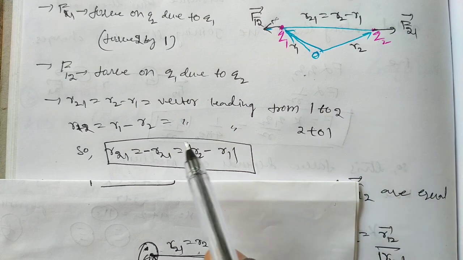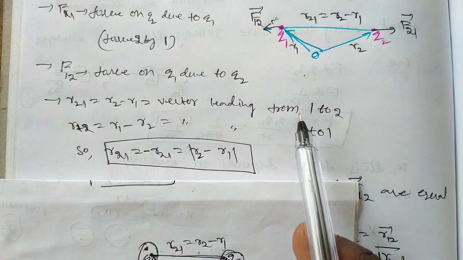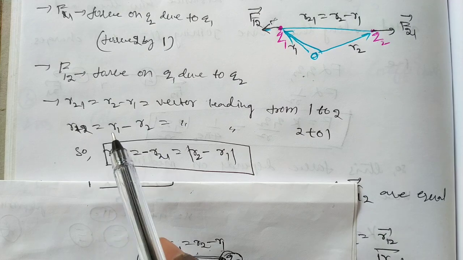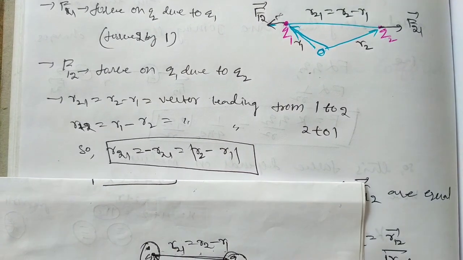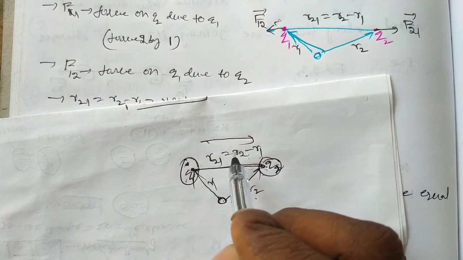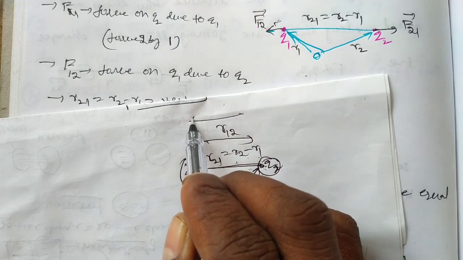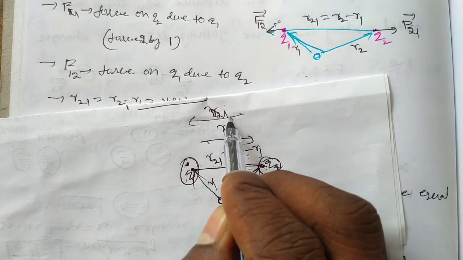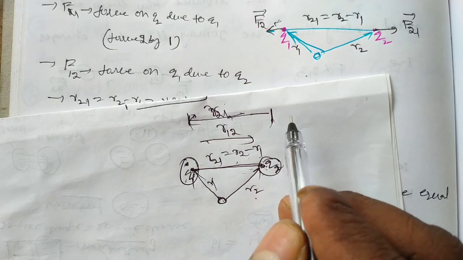Here r21 is the vector leading from the first charge to the second. Similarly r12 is the vector from 1 to 2, while r21 is from right to left and r12 is from left to right.